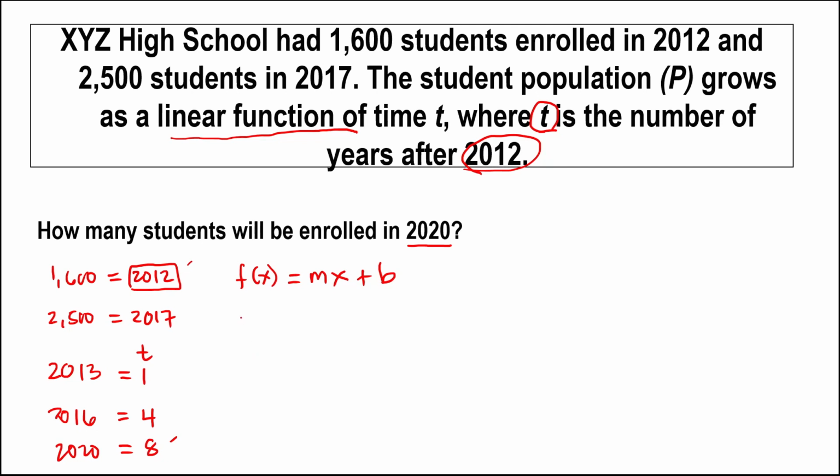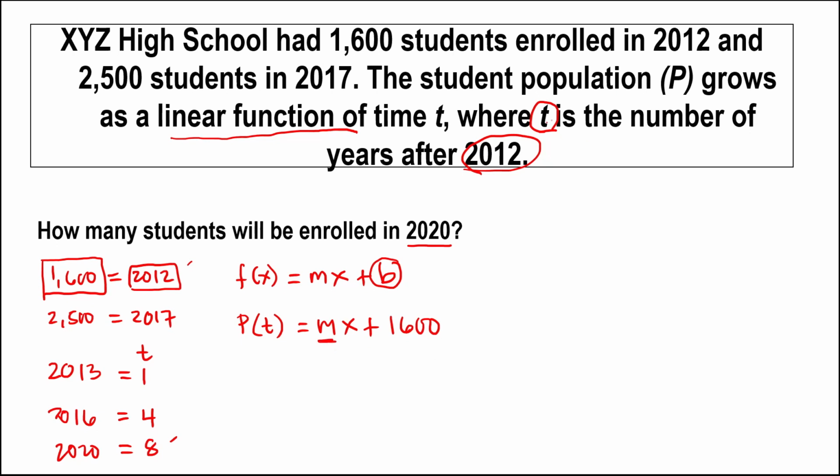So we have now the population with respect to time equals the slope times x plus b. B is the starting population, and that's 1,600. So first, we need to solve for the slope.